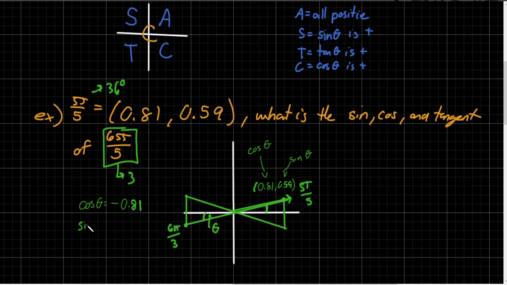What about sine of theta? Brent. Oh, that's fine. Sebastian. Sine of theta. What is it going to be if we're down here? Yep, 0.59. How do I get tangent of theta here?